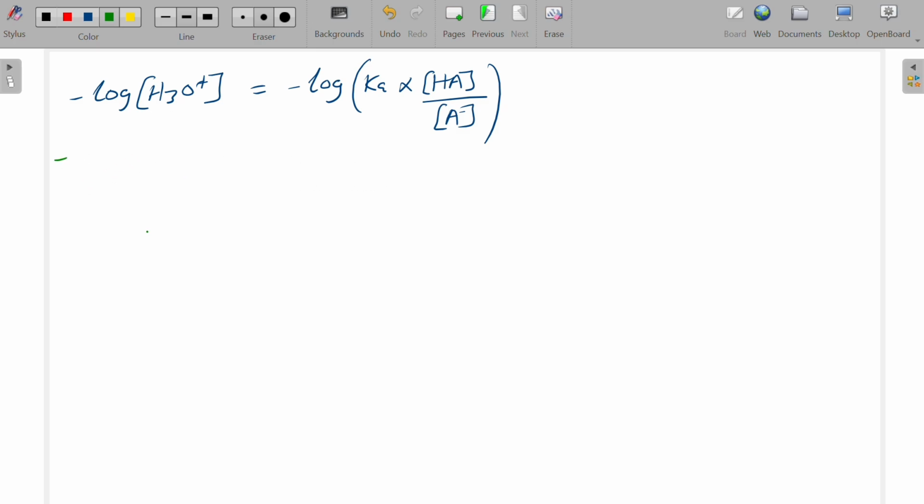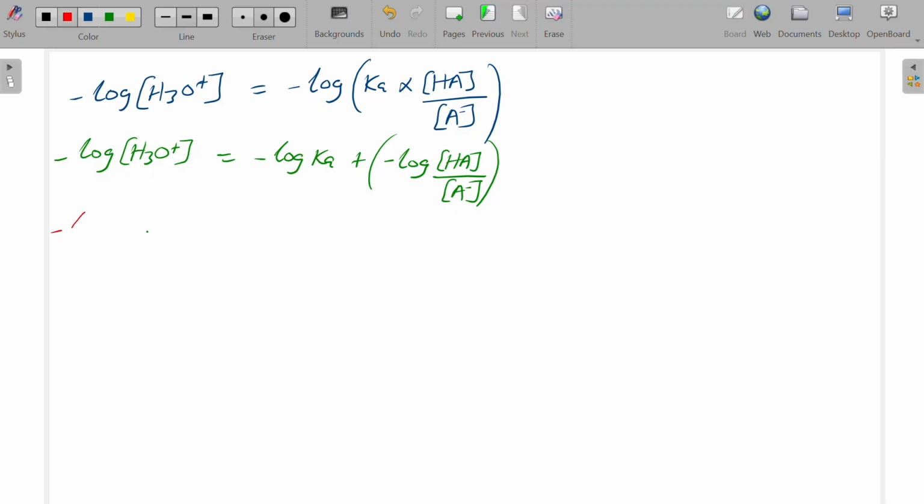So we have on this side, we still have negative log of the hydronium ion concentration like that. And this is equal to, on this side, we'll now say we have negative log of Ka, and this must be added to negative log of the ratio that we have there, which is the acid concentration divided by the base concentration. Now we'll put this in brackets.